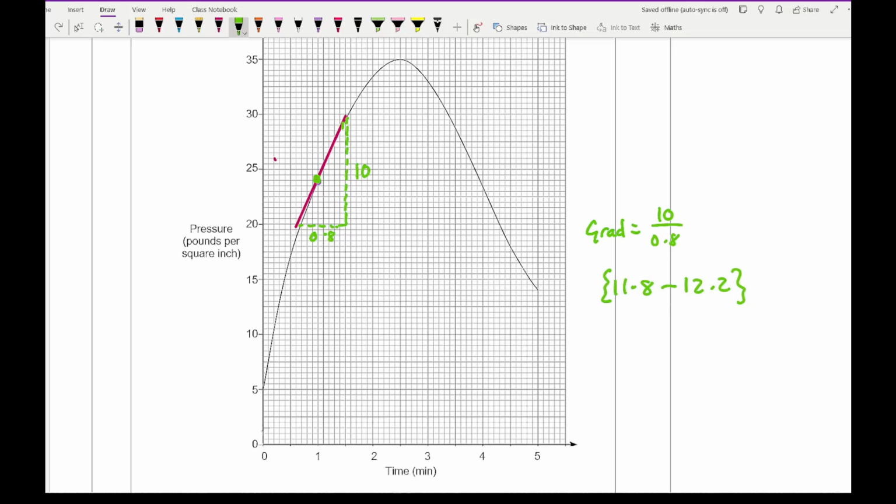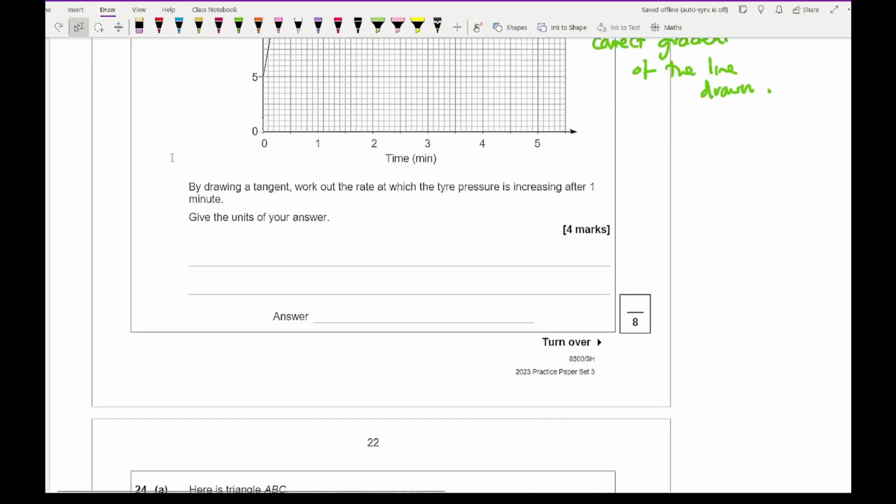However, they would accept the correct gradient of the line drawn. So although I get 12.5, it's outside this region that's on the mark scheme, because I've drawn a tangent at 1, I would get full marks for that question.